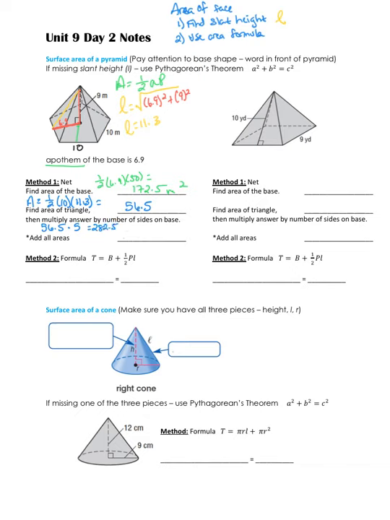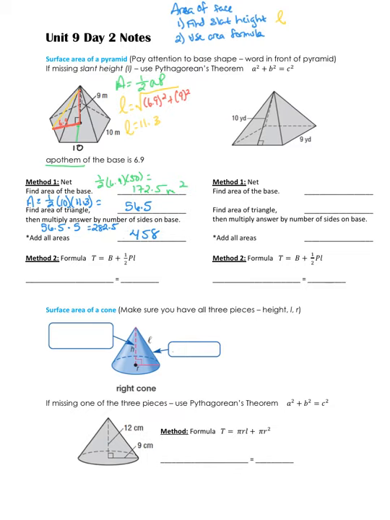Put it all together and you have 282.5 plus 172.5. And you get 458. And that took us a long time. The formula is a little bit easier, but you still need to know the slant height for the formula.